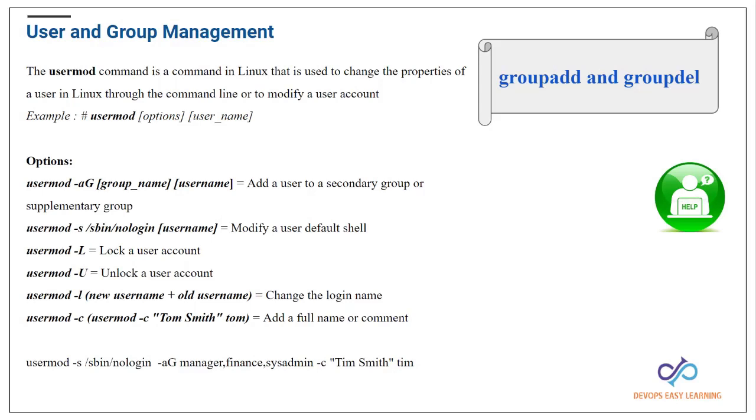That means if a user already belongs to a group and you want to add that user into a secondary group, make sure you use -a and -G to append that user into a secondary group. Also, say a user travels, and you want to put that user on no login so that the user cannot log in.